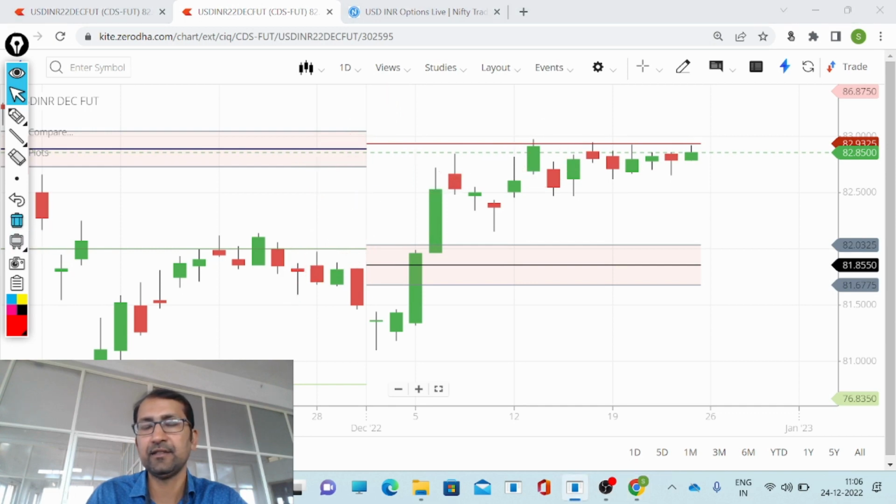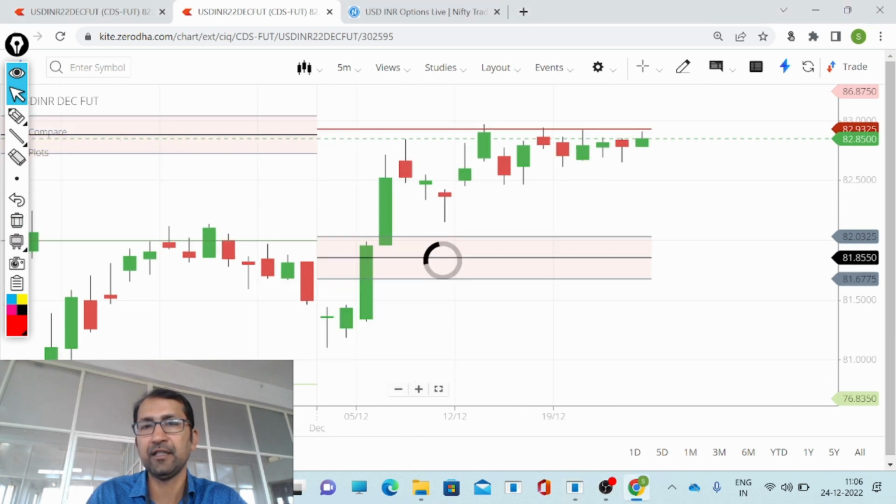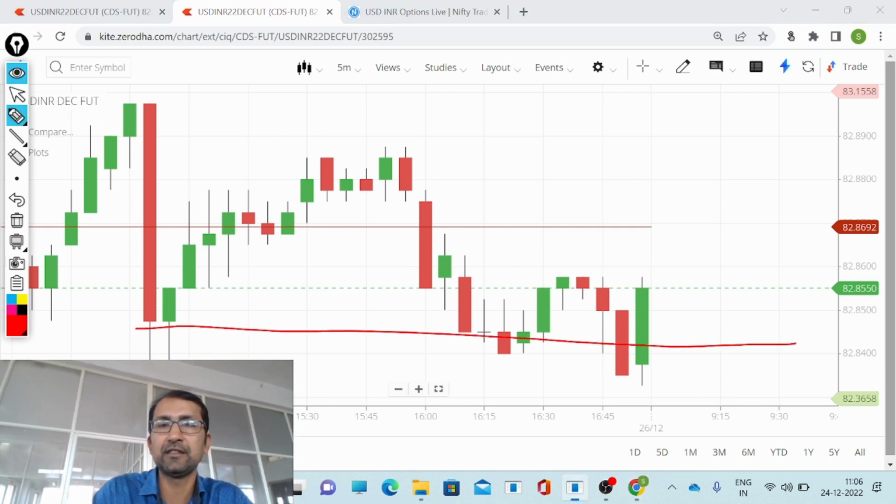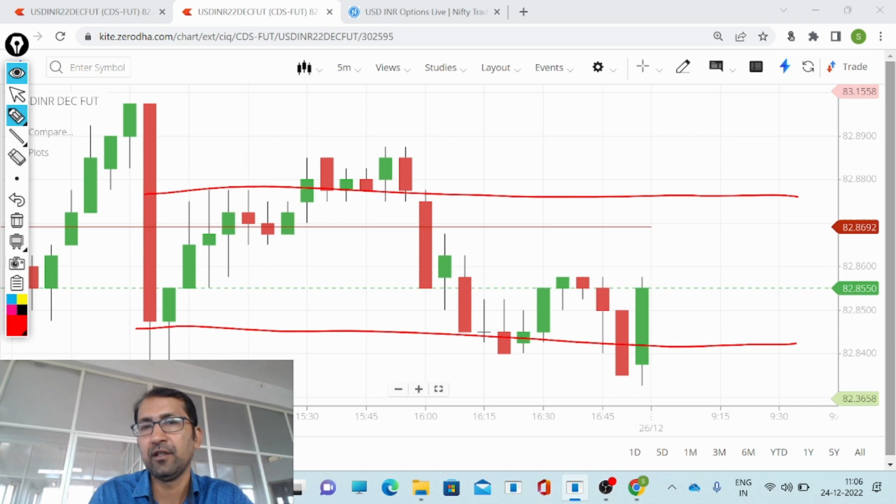As I already said, this is a 1 day chart. If you see the 5-minute chart, you can see on 23rd USD has been trading in a small range. So if I draw the range, see, this is the range, so very small. So almost 82.90 on the upper side and 82.84 on the lower side.